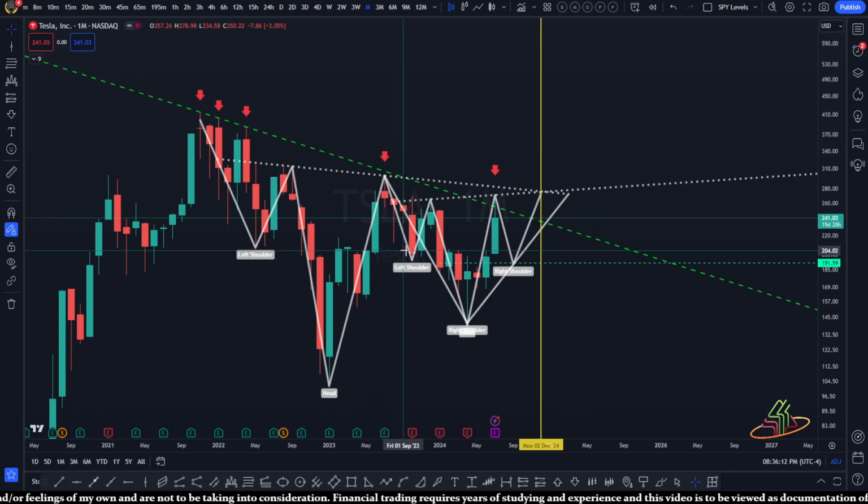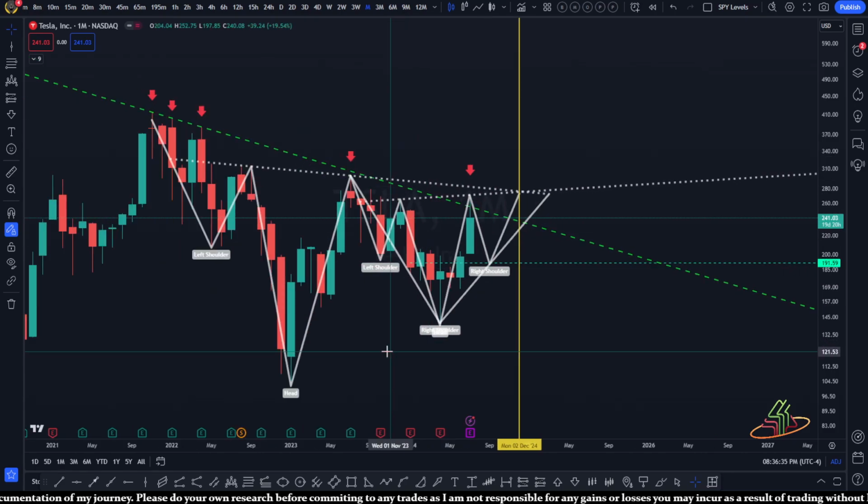We do it again: November, December, January, Tesla gets a big move, right? So we're going to go through it again, and I feel like this time, December and January, Tesla gets the big move.